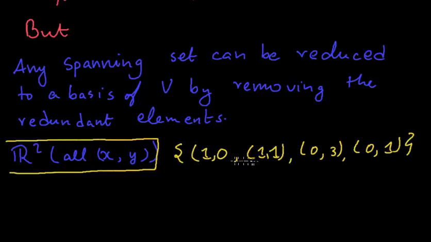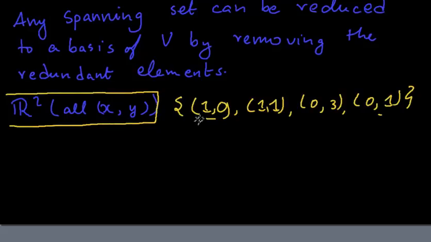We have these four elements. If we take all the possible linear combinations of these four, it gives R2. But these four aren't all linearly independent. For example, (0, 3) can be written as 3 times (0, 1). They aren't linearly independent. So we can take a few redundant elements out and then form a basis.